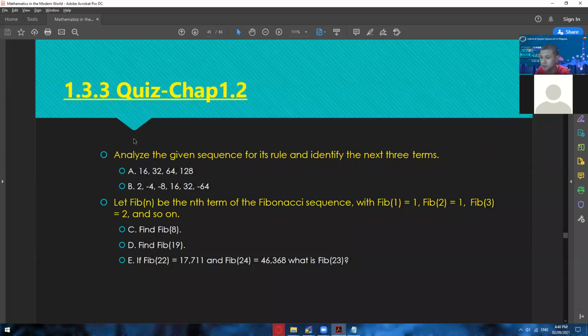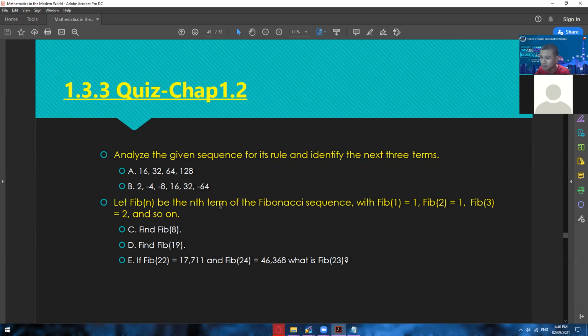After that, of course, we're going to have a quiz again. But this time, I would like you to search what is the meaning of the Fibonacci sequence or how it was made. So how does the Fibonacci sequence work? What is the sequence of Fibonacci?